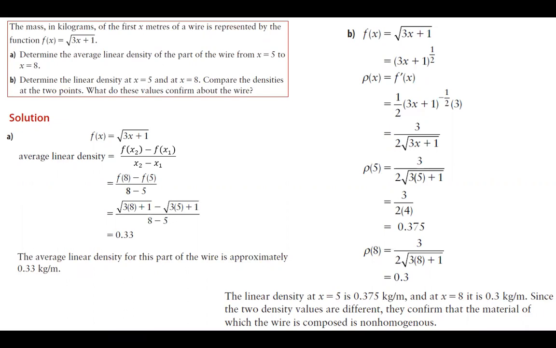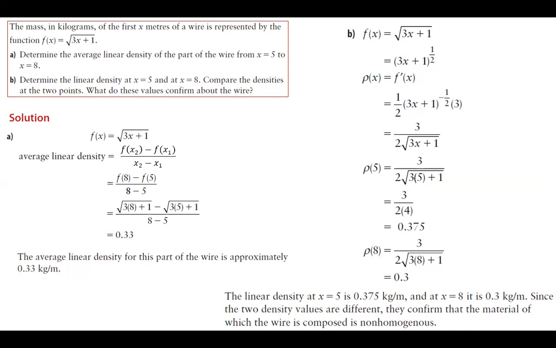Also note here, if you want to differentiate f(x), you need to use the chain rule. The outer function is (3x plus 1) to the power of 1/2. The inner function is 3x plus 1. Remember to use the chain rule here.